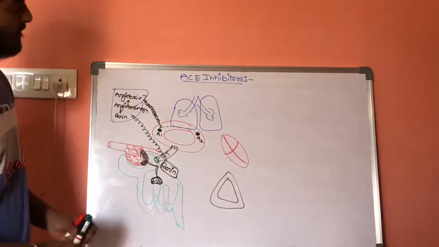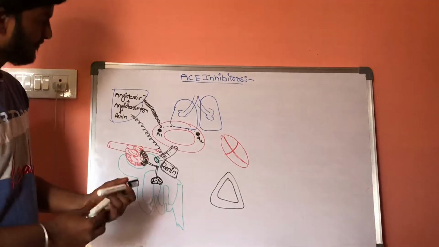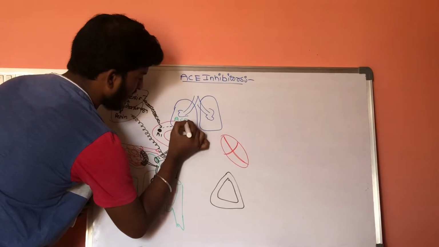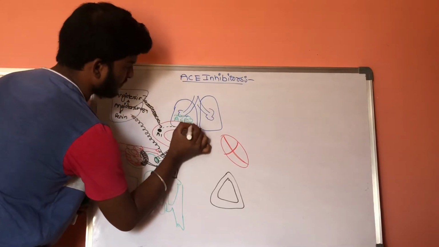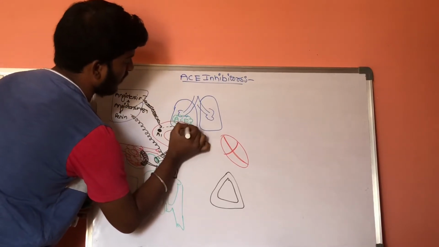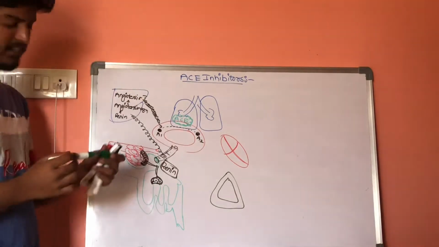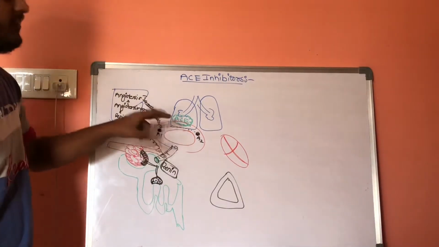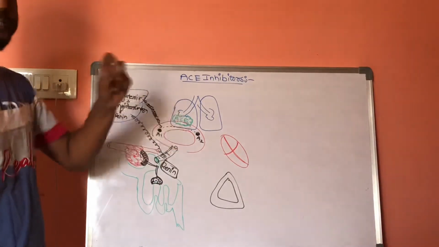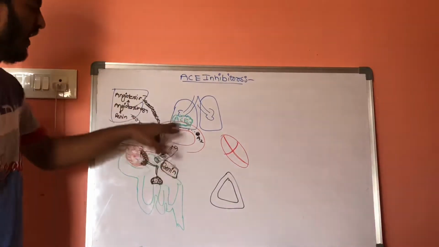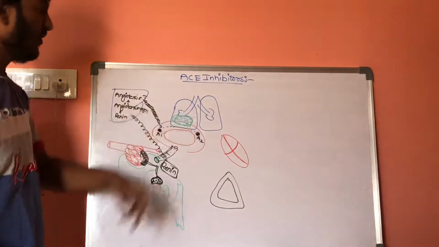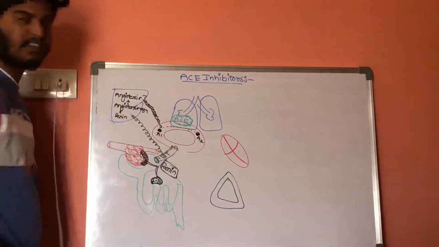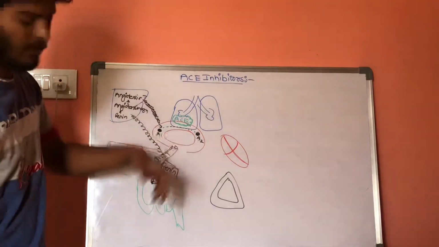There is a special enzyme, that is angiotensin converting enzyme. This angiotensin converting enzyme is present in the endothelial cells of alveoli. It helps in the conversion of angiotensin 1 into angiotensin 2.